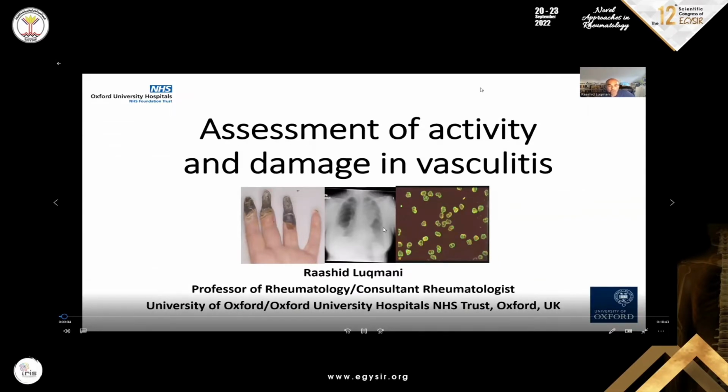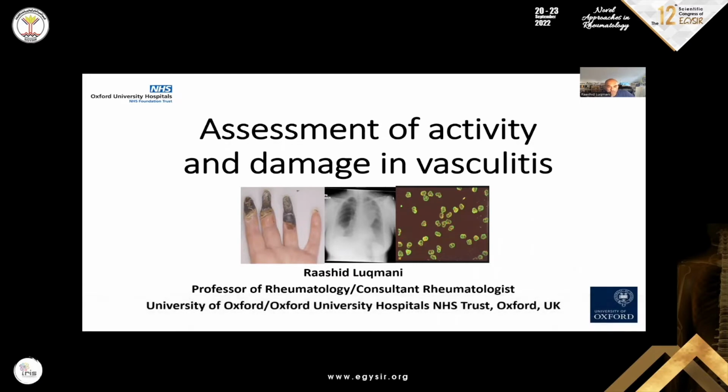I'm Rashid Luqmani, and it is a great pleasure for me to present to you about assessment of disease activity and disease damage in patients with systemic vasculitis. I'm very sorry I can't be in Alexandria in person, and I do hope you have a great meeting.